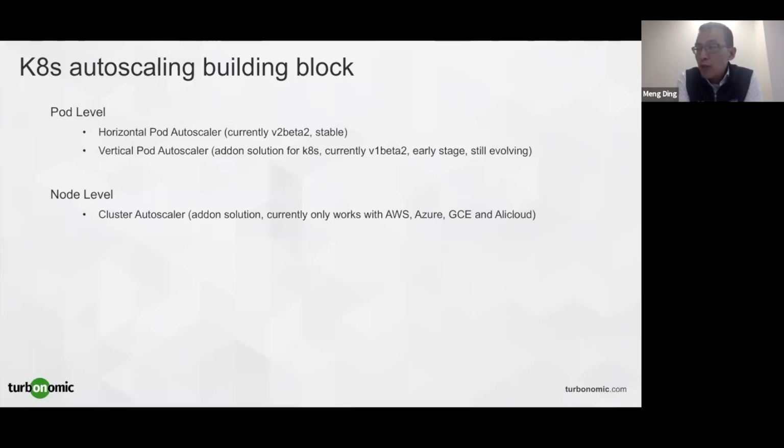We'll talk about the pros and cons of these solutions in the next slide. On the node level, there is the cluster autoscaler, which can decide when to scale out or scale down nodes based on pending pods or node utilization in your cluster. So imagine you have all these options to choose from; how to utilize them in the best and most efficient way is definitely a non-trivial task.